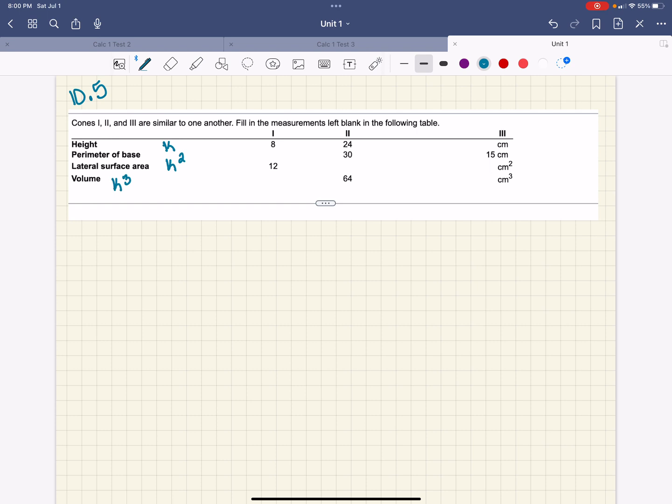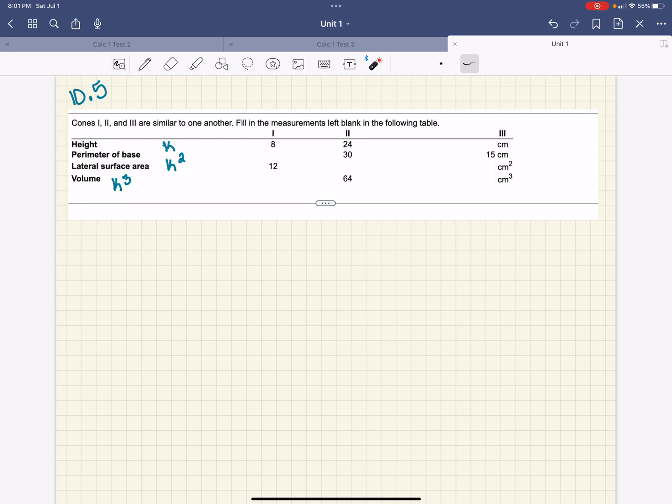Think about your units: for perimeter or height you have inches, centimeters, or meters. For area, you have inches squared, centimeters squared, meters squared. And for volume, you have centimeters cubed, inches cubed, or something along those lines.